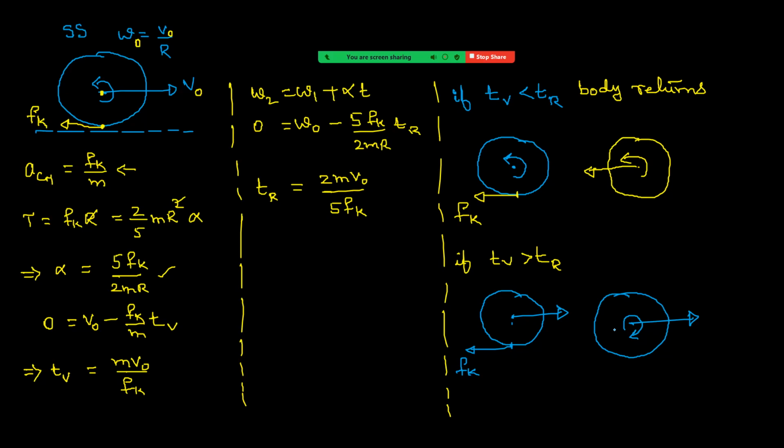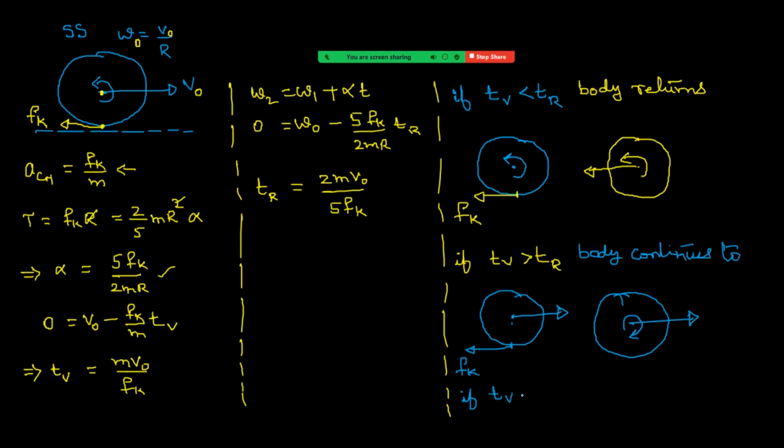After this instant, omega starts increasing clockwise. So at one point of time, rolling starts without slipping. That means in this case, the body continues to move in the same direction. Okay. And the last possibility.